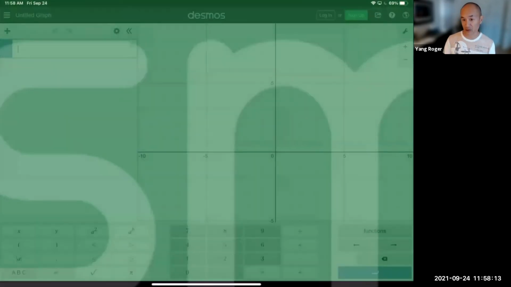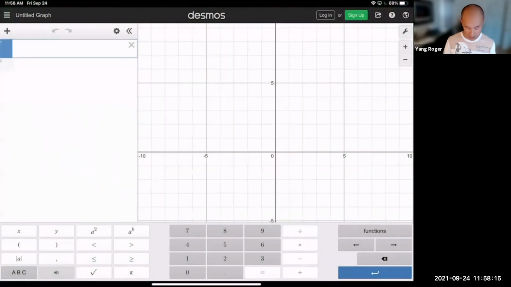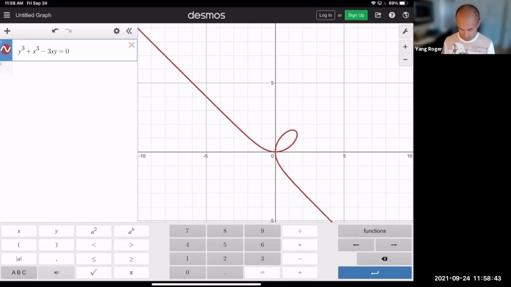So let's open up Desmos real quick here. The first equation we had was y to the third power plus x to the third power minus 3xy equal to 0. So that's what our equation looks like.